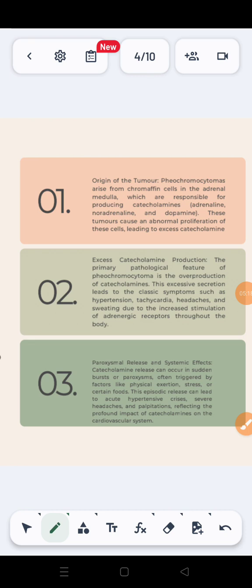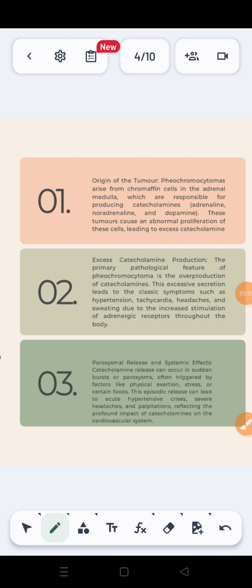Third one, paroxysmal release and systemic effects. Catecholamine release can occur in sudden bursts or paroxysms, often triggered by factors like physical exertion, stress, or certain foods. This episodic release can lead to acute hypertensive crisis, severe headaches, and palpitations, reflecting the profound impact of catecholamines on the cardiovascular system.